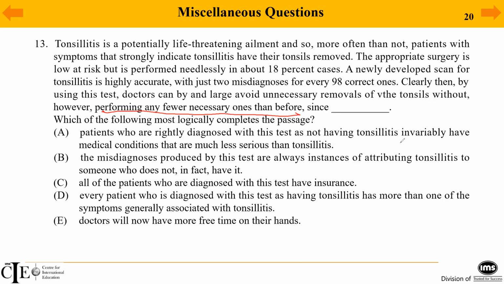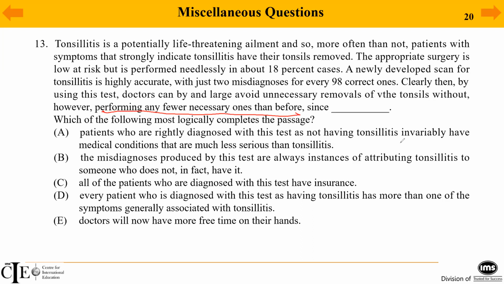If they require it and this diagnosis is done wrongly, then the test is useless. Now we have to support the test saying that whoever is misdiagnosed are always the instances of attributing tonsillitis to someone who does not in fact have it. That means they don't have it, but the test shows that they have it.